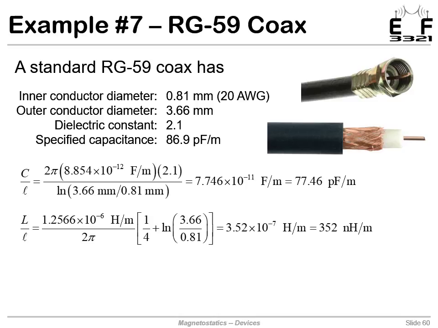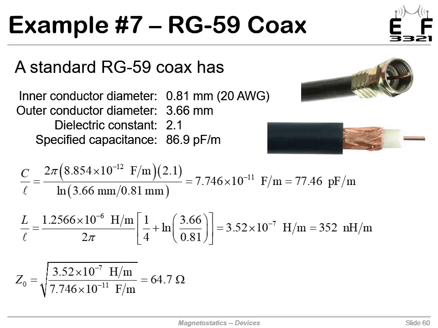Now what we can do is combine those. The square root of distributed inductance over distributed capacitance gives us the impedance, and we get 64.7 ohms, so 65 ohms. Well, the actual specified impedance of this line is 75 ohms. So you can get a feel for how far off these calculations are, but we're definitely close.